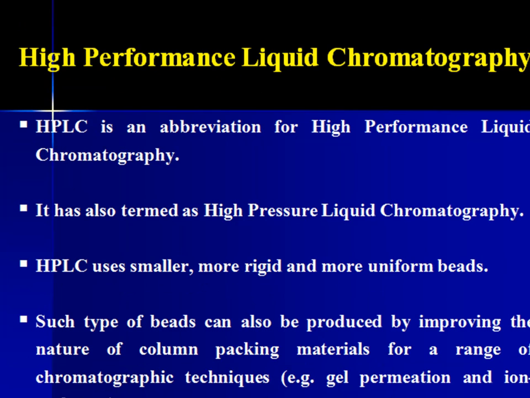Now last is HPLC, that is, high performance liquid chromatography. It is also termed high pressure liquid chromatography. HPLC uses smaller, more rigid and more uniform beads. Such beads can also be produced by improving the nature of the column packing material for a range of chromatographic techniques, that is, gel permeation and ion exchange chromatography.